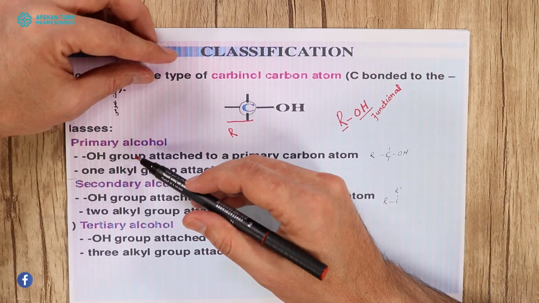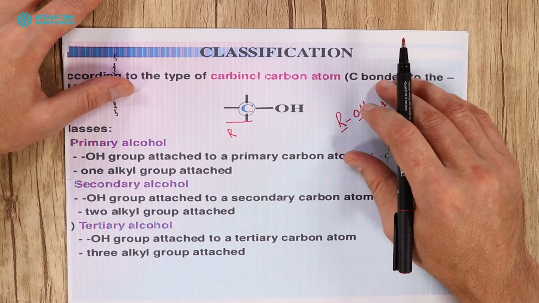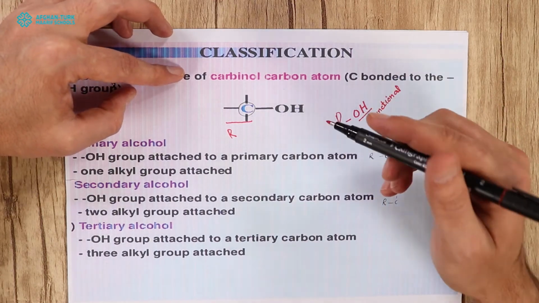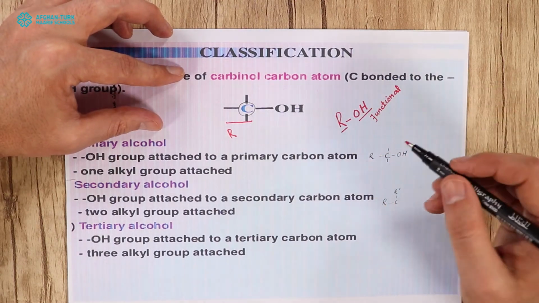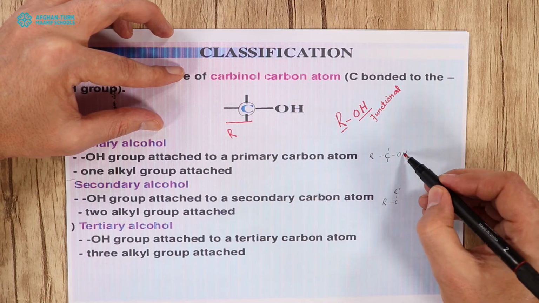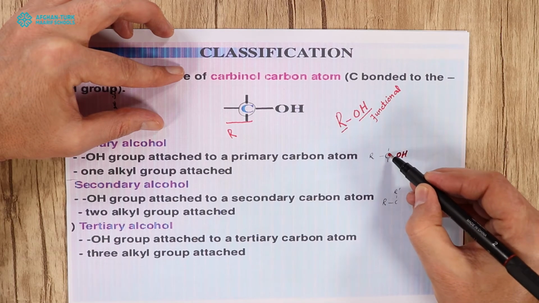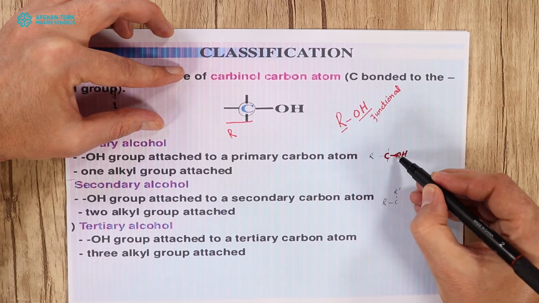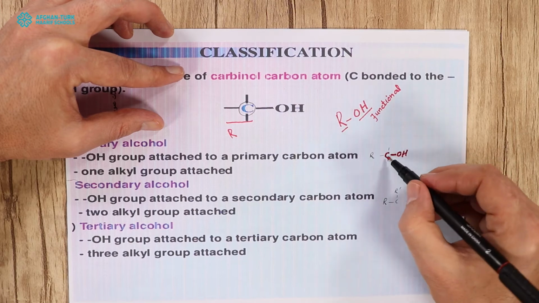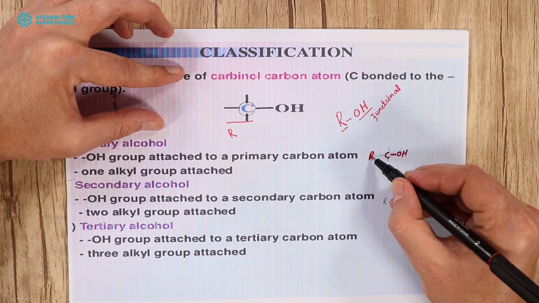Primary alcohols: an alcohol is primary when the OH group is attached to a primary carbon. Look here, this is an example. OH is attached to this carbon atom, and this carbon is attached to only one alkyl group.